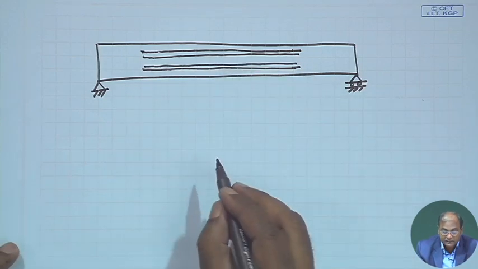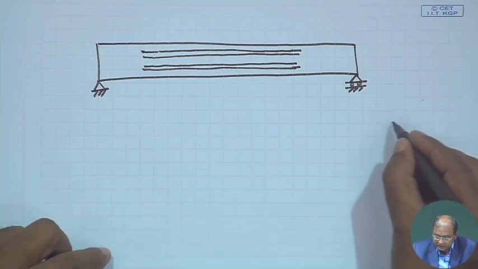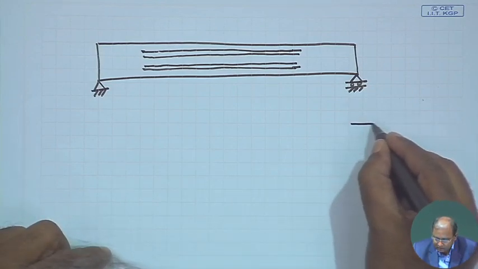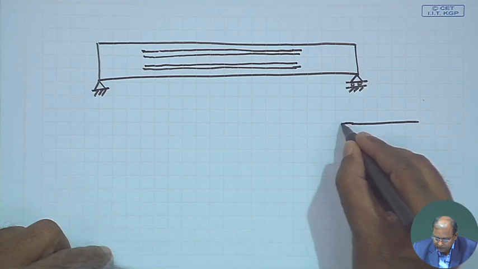What are the two lines? Those two lines, just let me draw the figure here.